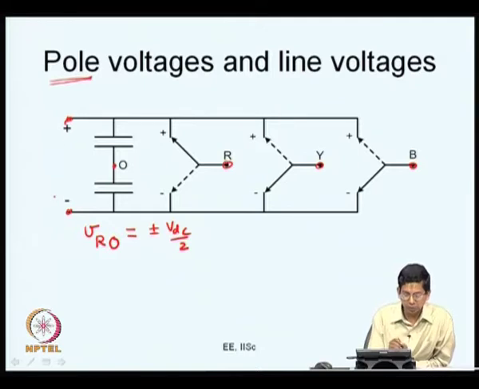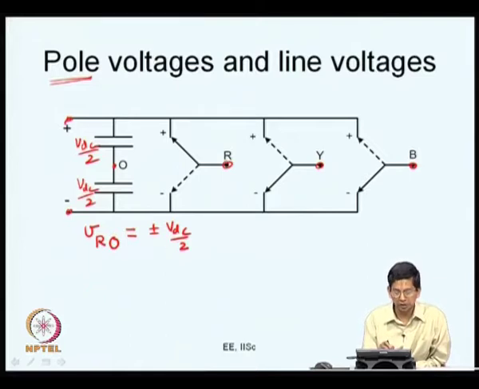The entire DC bus voltage is VDC and so you have VDC by 2 here and VDC by 2 here. So, when the pole is connected to the top throw, VRO is plus VDC by 2 and when the pole is connected to the bottom throw shown through the dashed lines here, you get minus VDC by 2. So, VRO can be either plus VDC by 2 or minus VDC by 2.